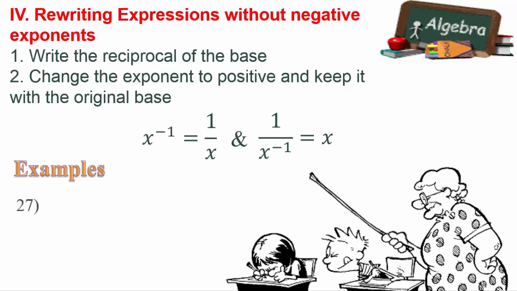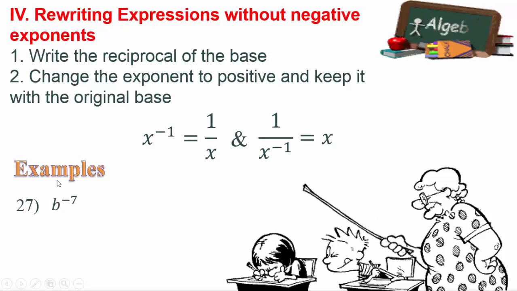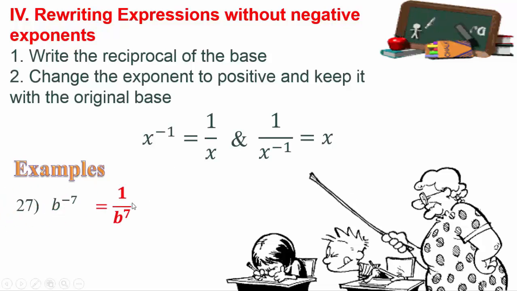So let's look at a few examples. If we have b to the negative 7, what we want to do is write the reciprocal of it with its positive exponent. So that means we'll write 1 over b to the positive 7.